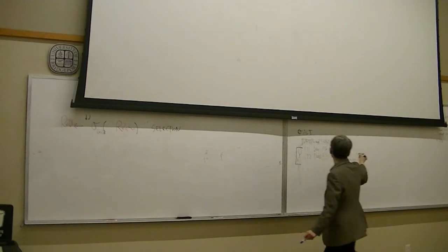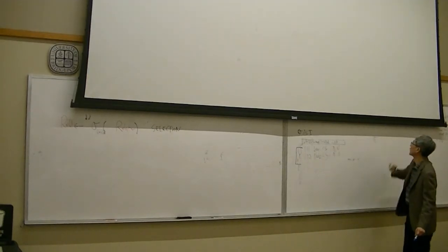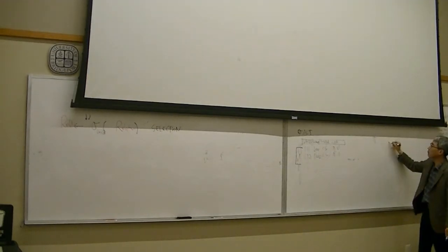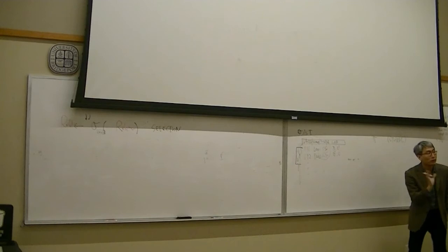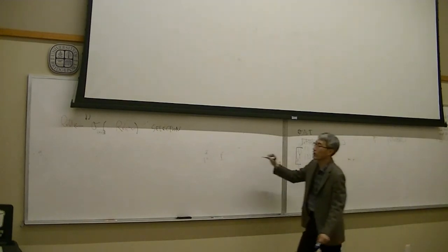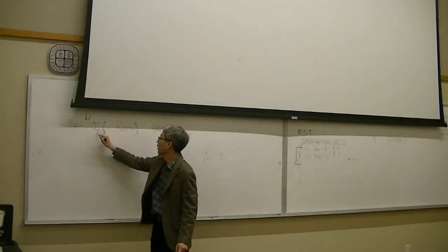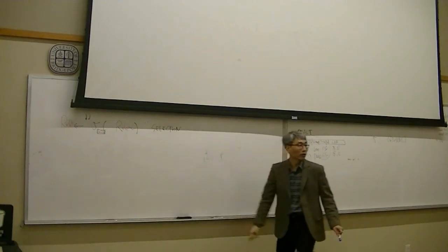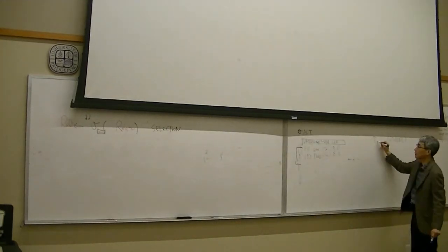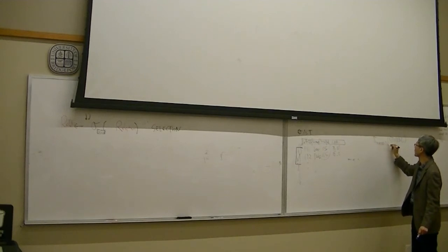So for example, this is the symbol and the input is the student. Then we specify the condition. The condition is the subscript of the symbol. Okay? Which means the major is CS.